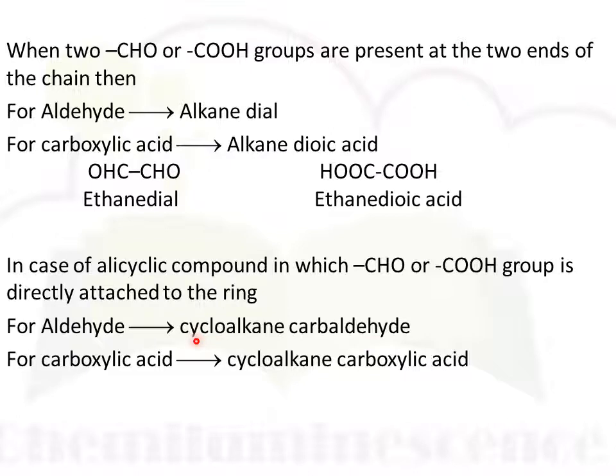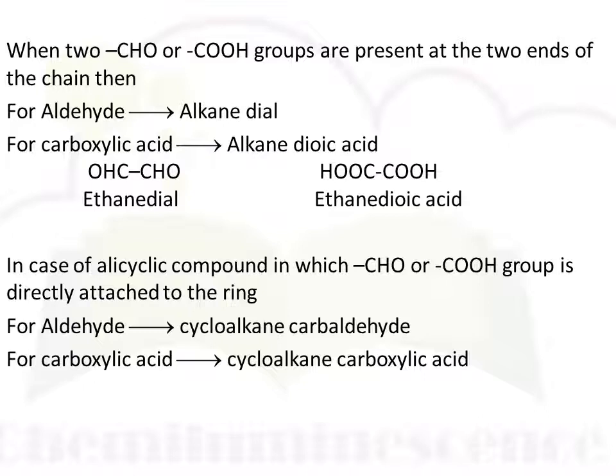That is, write first the word cyclo, then alkane depending on how many carbons are present in the particular ring, and then use the word carbaldehyde at the end. For carboxylic acid, the format used is cycloalkane carboxylic acid. Write the word cyclo, then the name of the alkane depending on how many carbons are present in that ring, and then use the words carboxylic acid at the end.